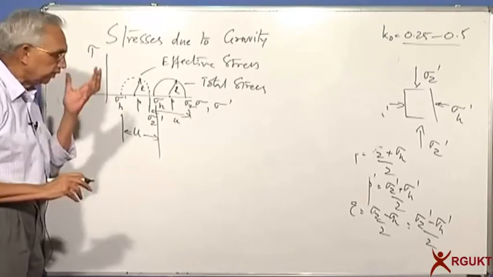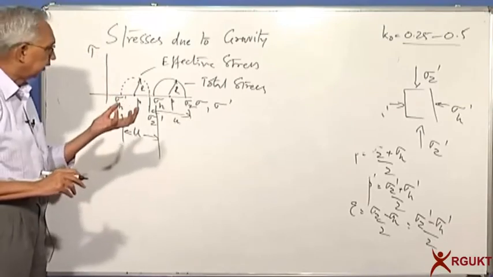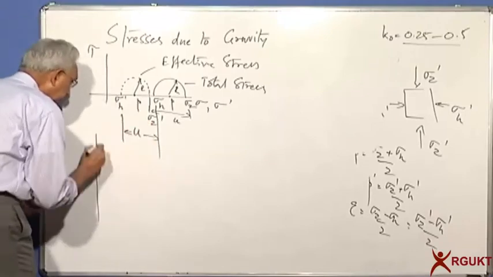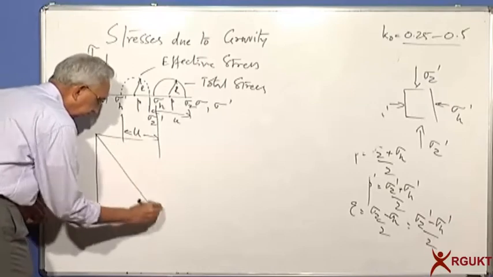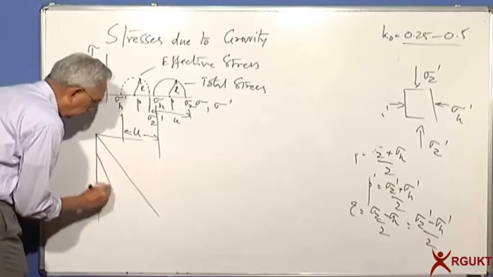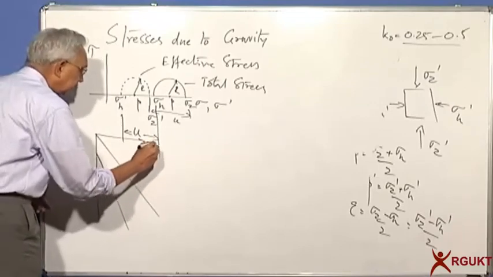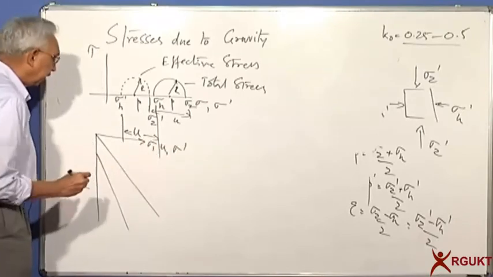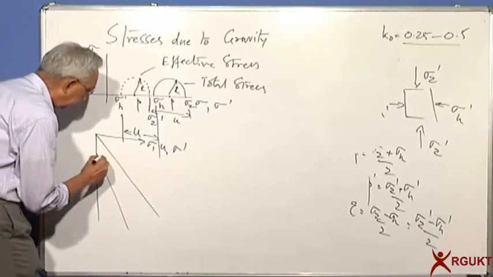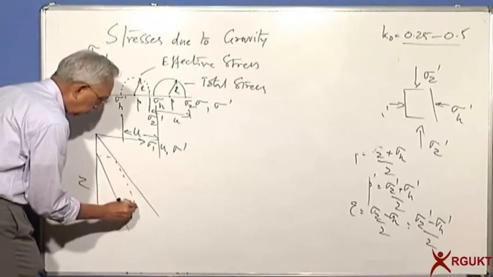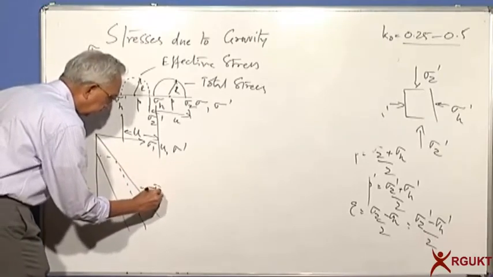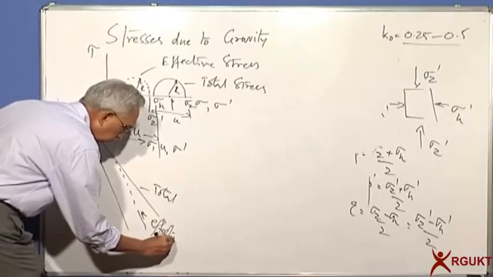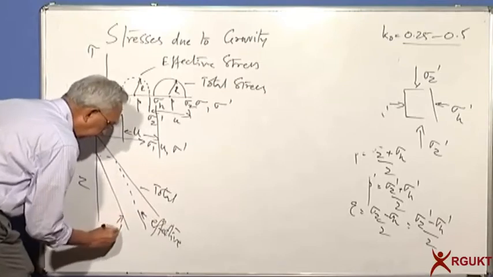When you want to visualize the state of stress within the ground, you will find that, for example, the total stress will increase this way, and the pore pressure will increase. I'm plotting with depth, and this is total, this will be effective, and this will be pore pressure.